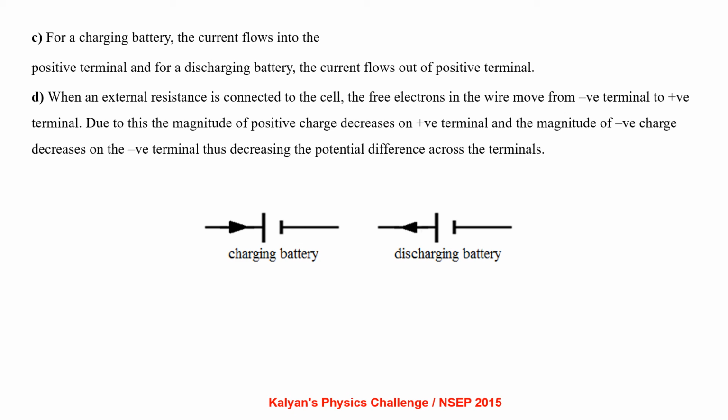When an external resistance is connected to the cell, the free electrons in the wire move from negative terminal to positive terminal. Due to this, the magnitude of positive charge decreases on positive terminal and magnitude of negative charge decreases on the negative terminal, thus decreasing the potential difference across the terminals.